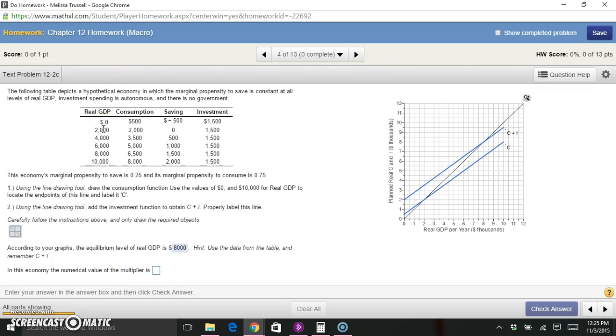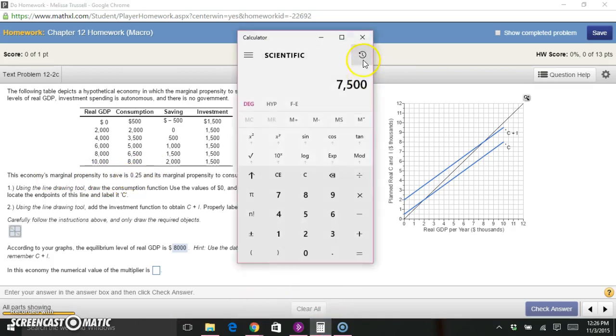Conveniently, we have a formula for this multiplier: it's 1 divided by the marginal propensity to save. We're already told in this question that the marginal propensity to save is 0.25. So 1 over 0.25, we can ask our calculator for that. Let me clear out what I was doing before.